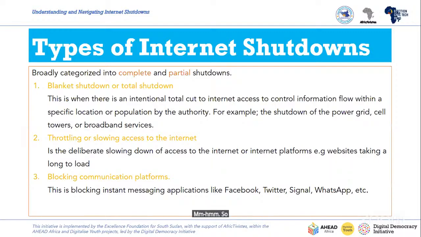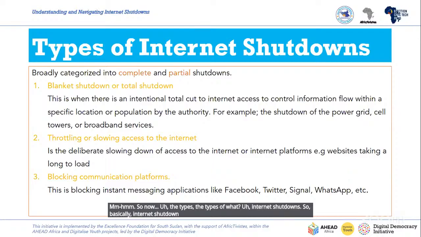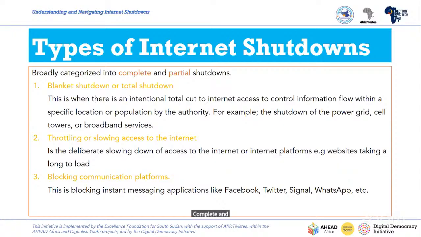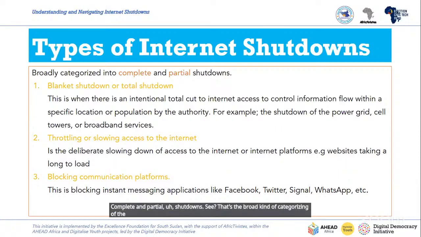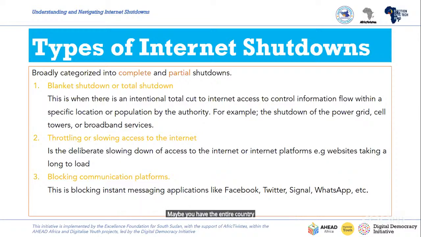So now, the types of internet shutdowns. Basically, internet shutdowns are categorized into complete and partial shutdowns. That's the broad categorizing of internet shutdowns. Complete is whereby you have the entire country being shut down. But partial is whereby you can have a city or a region being shut down.